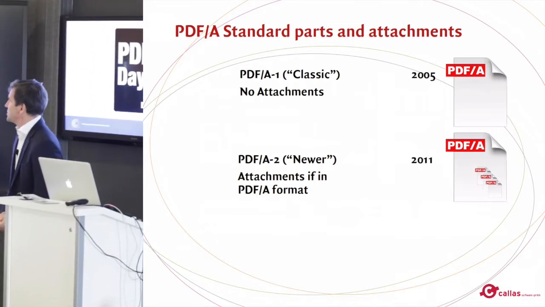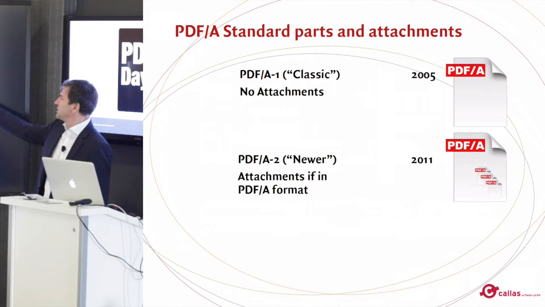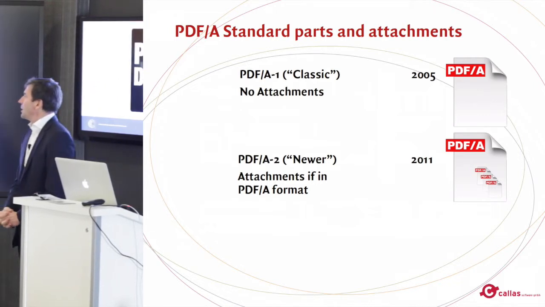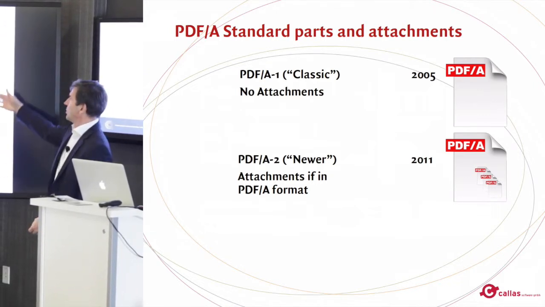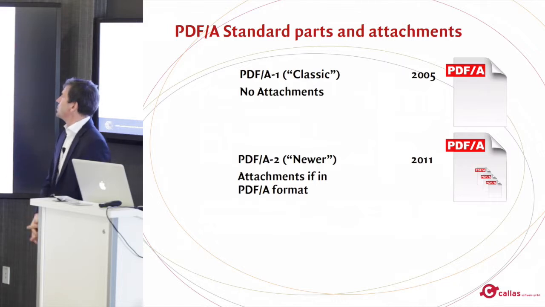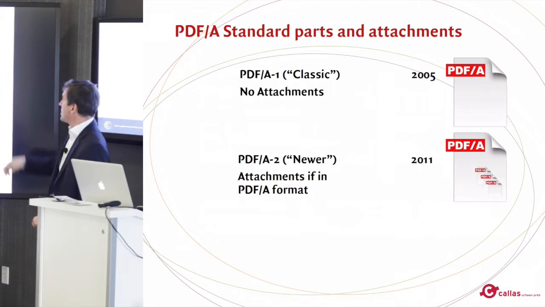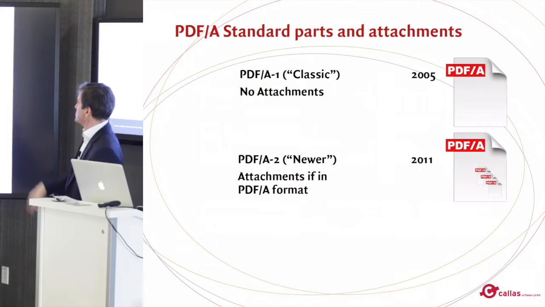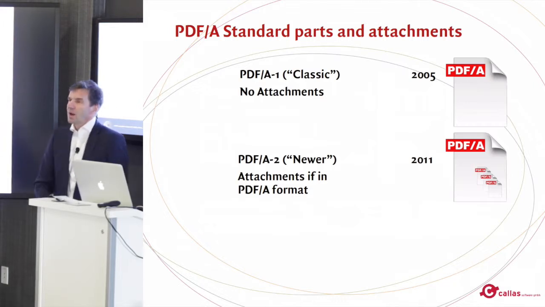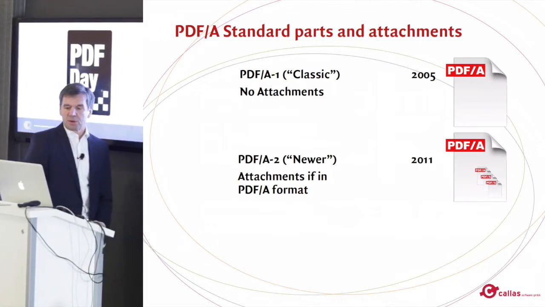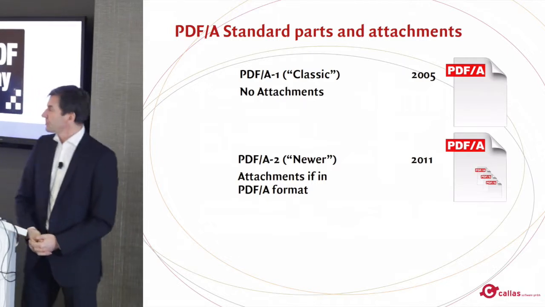These new features are made possible because PDF A-2 has a newer foundation. PDF A-1 was based on an older version of PDF, and in that version, for instance, no attachments were allowed at all, while in the newer version, you can attach other files to PDF A.